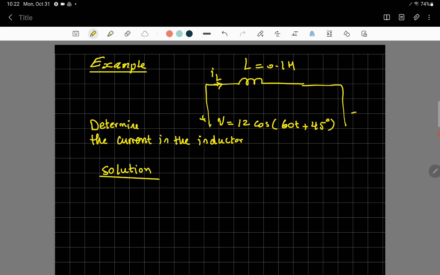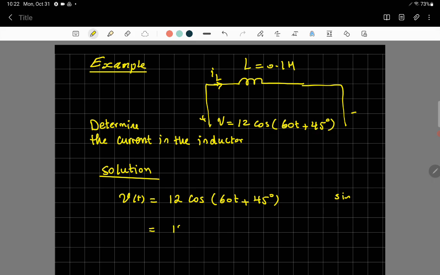All right. We're going to use the phasor. That's the easy thing. So I'll write the voltage that is given. It's equal to 12 cosine 60t plus 45. We know that to express any variable as a phasor, it has to be expressed in sine. So how can you express cosine in sine?